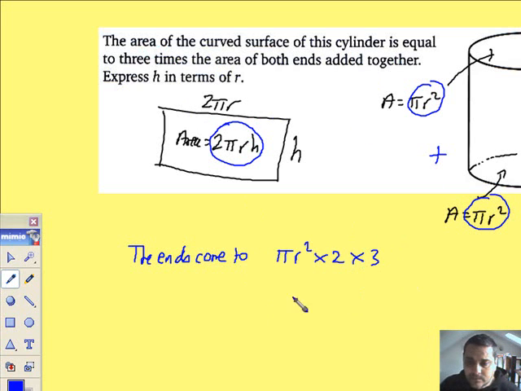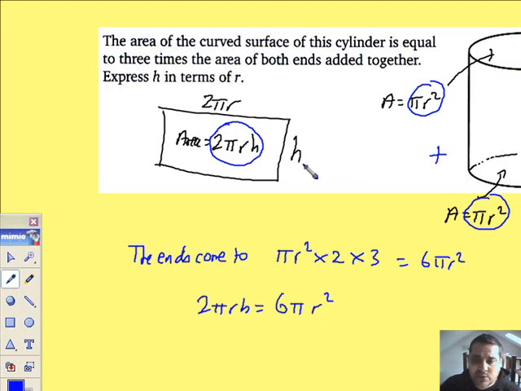So that comes to 6 pi r squared. Let's read it again. The area of the curved surface of this cylinder is equal to 3 times the area of both the ends. The curved surface, in other words, 2 pi r h is equivalent to 6 pi r squared.